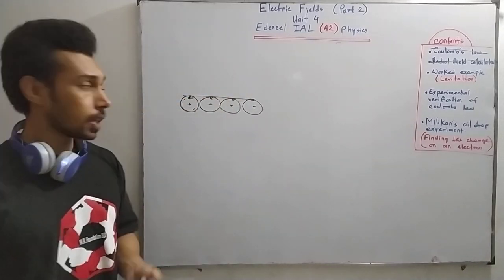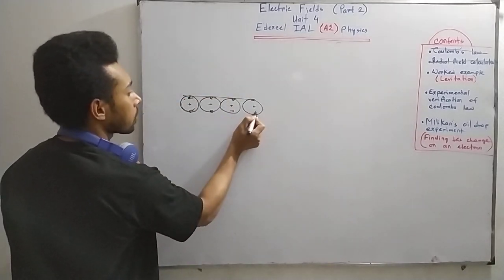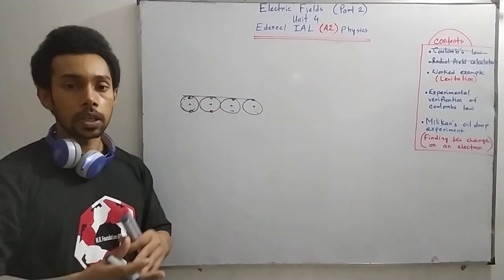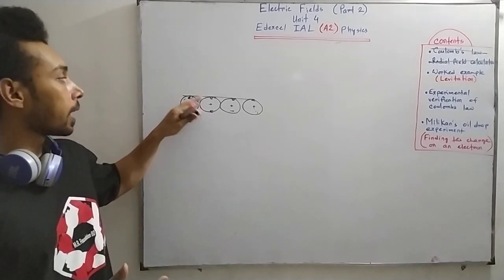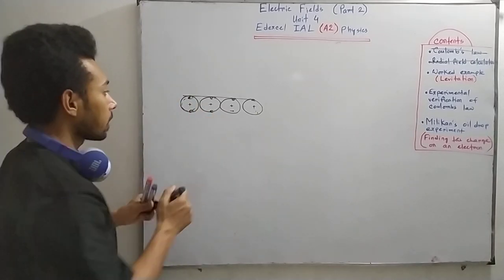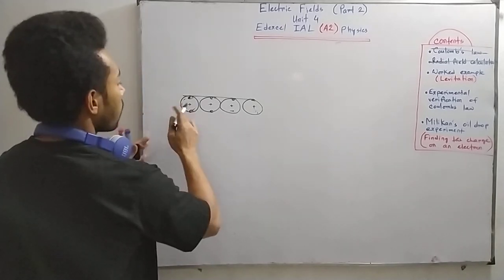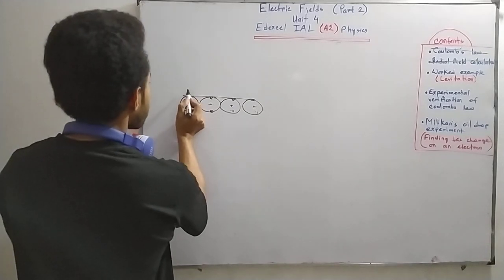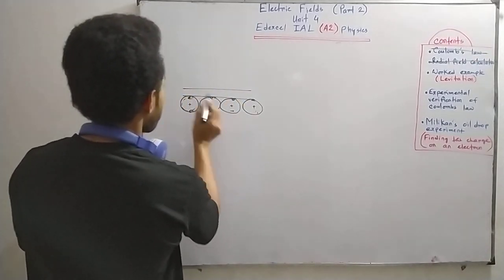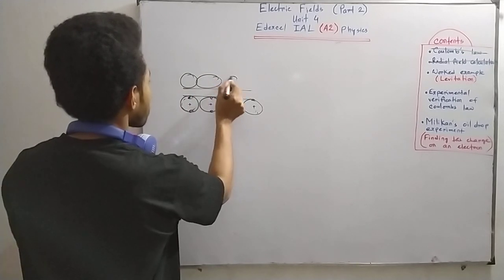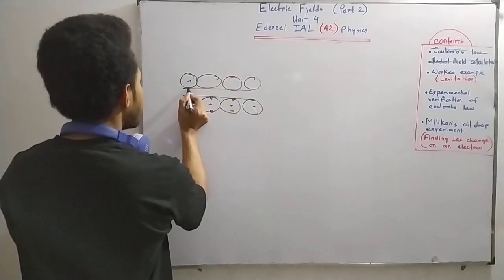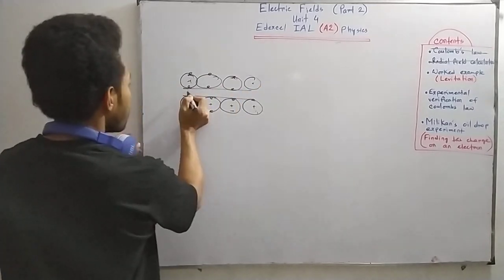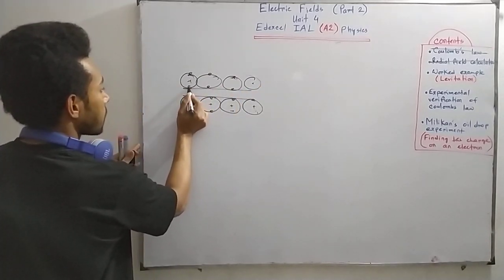Since the outer part of any atom is occupied by negatively charged electrons, and the same thing is true for your foot or your shoe surface. Suppose this is the bottom surface of your shoe. This is also made of atoms, and this also has electrons like this.